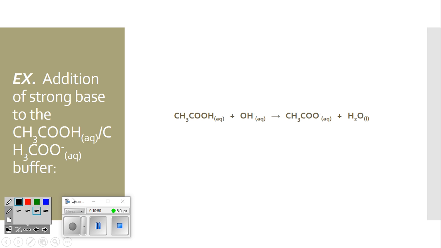Now, if I take that buffer that I have, so if you look at the reaction that's there, this is the one that we just looked at. Here is a weak acid. Here's the weak base. If I did the titration that I said that I just did, I would have, in that buffering section, this basic solution.